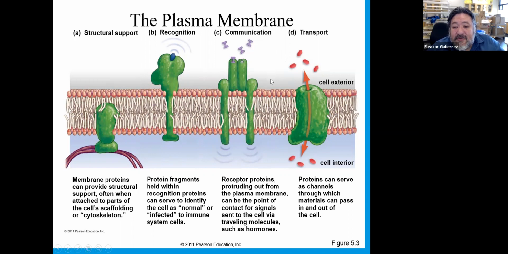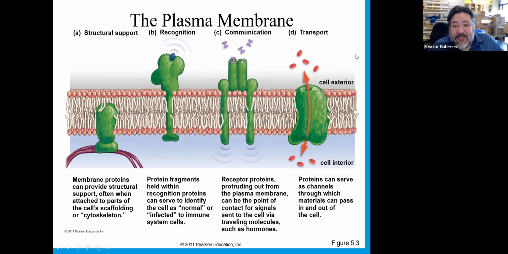Because the only thing that goes through the plasma membrane is a hydrophobic hormone, right? If you had a hydrophobic hormone, it would go right through. This one, therefore, must be hydrophilic, and the only thing they can do is associate with a receptor. This whole thing is a receptor, okay?